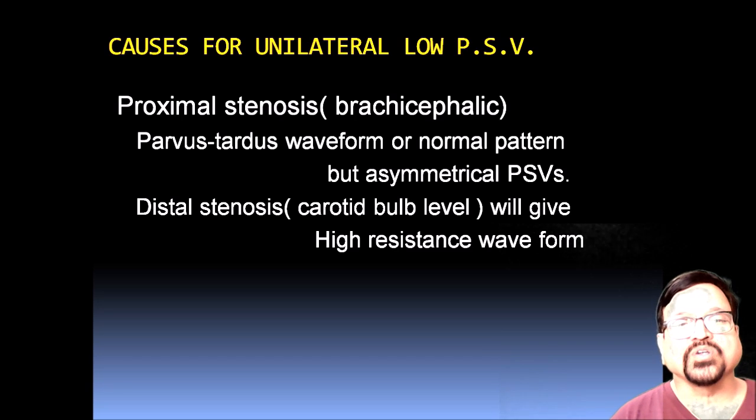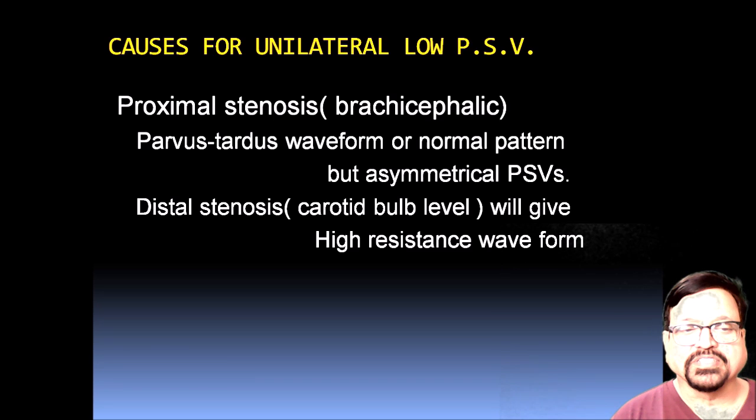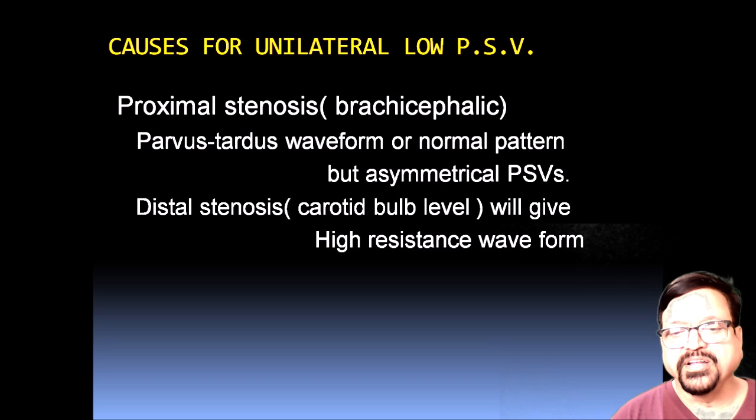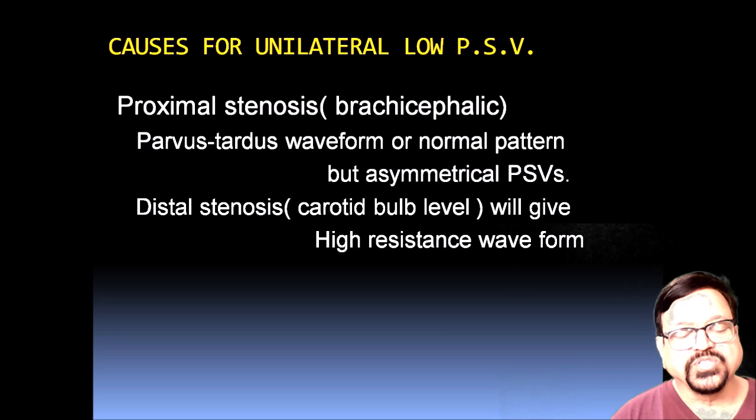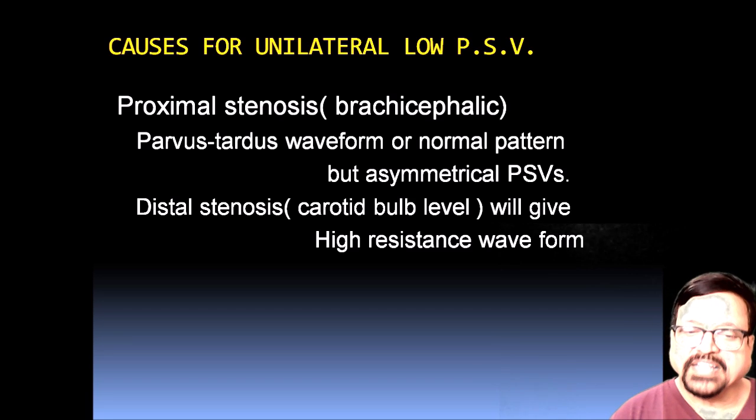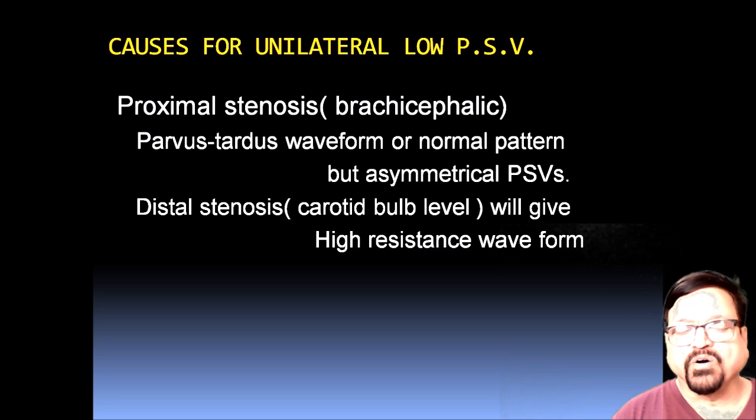Now what are the causes of unilateral low peak systolic velocity? One is proximal stenosis, that is in the brachiocephalic, then parvus tardus waveform or normal wave pattern, asymmetrical peak systolic values, distal stenosis, carotid bulb level. If there are differences in the peak systolic values, then we have to think of high resistance waveform.